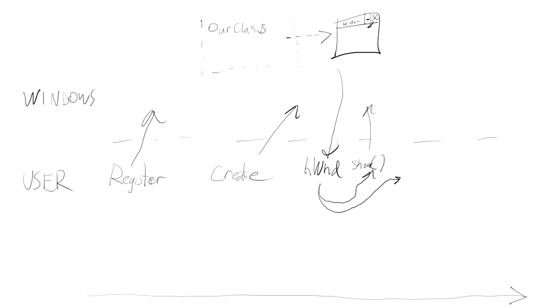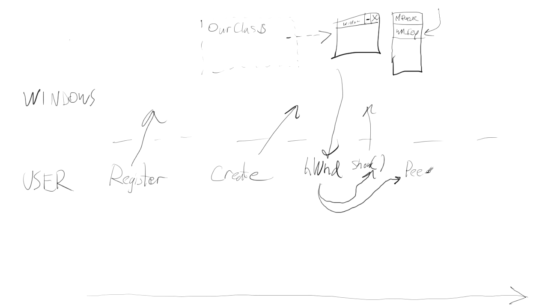For our window, Windows stores a message queue. And whenever something happens, for example, the user presses a key, it will add a new message to the queue. One Windows message, key down or something like that.